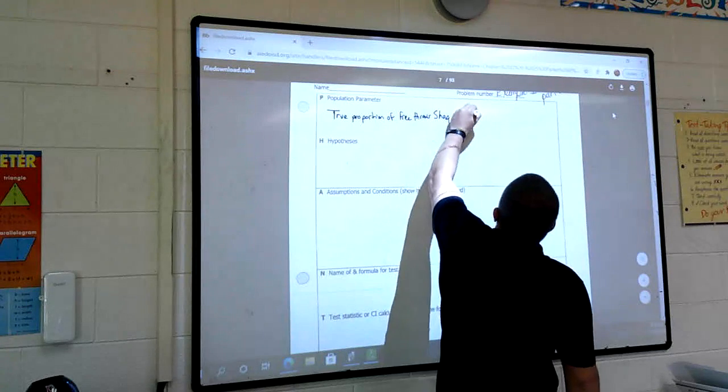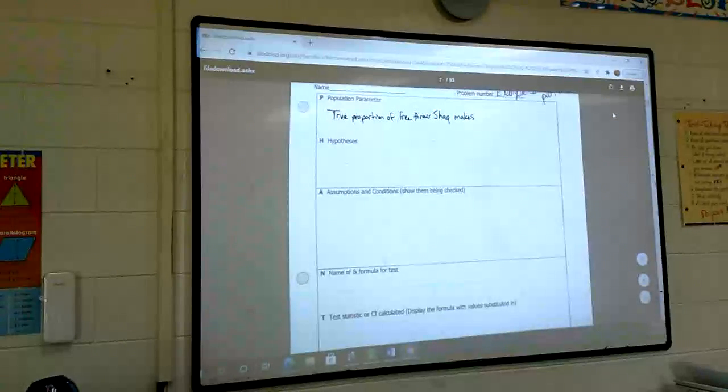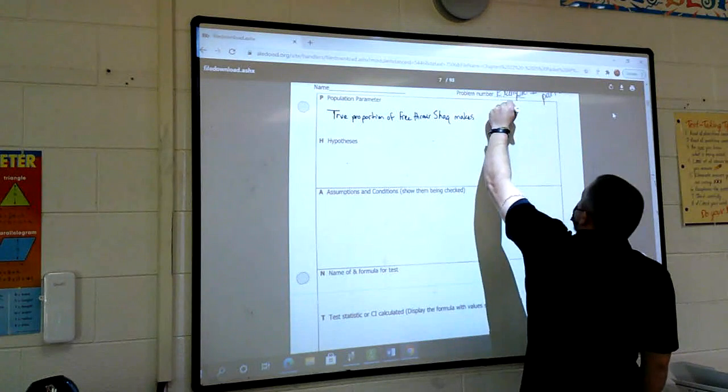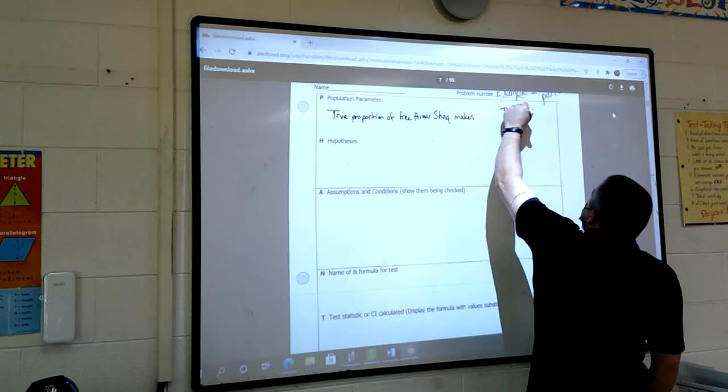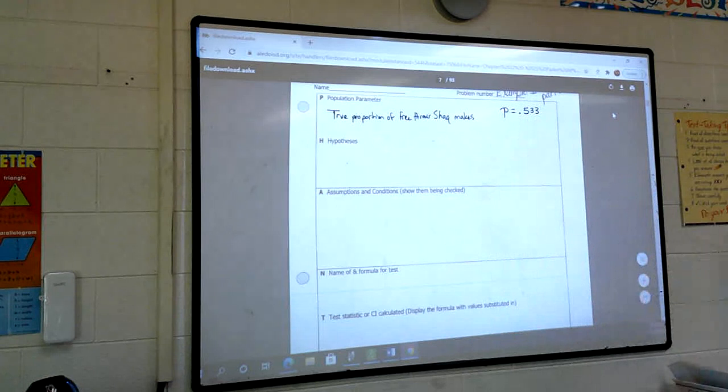So we're really interested in the true proportion of free throws that he makes. Now, over time, the p is 0.533, right? 53.3%. That's a population. That's from all of his career.